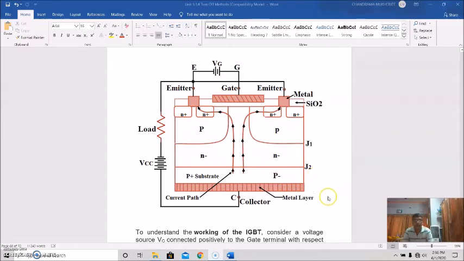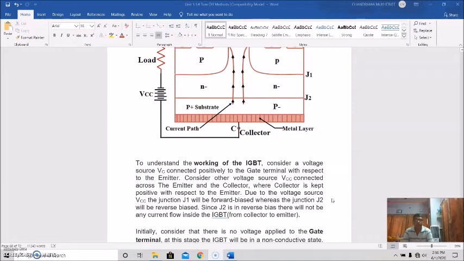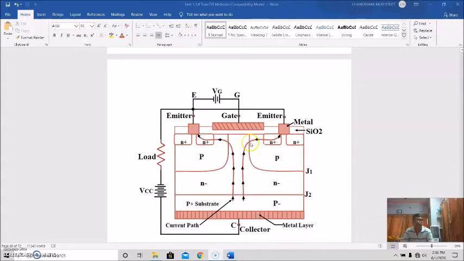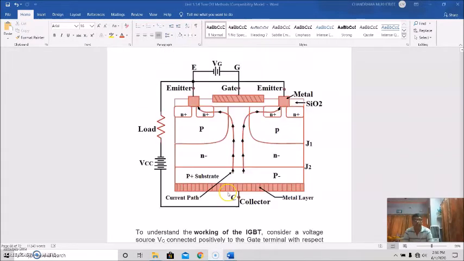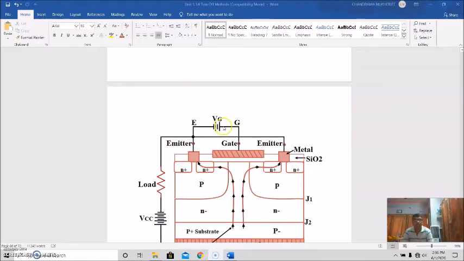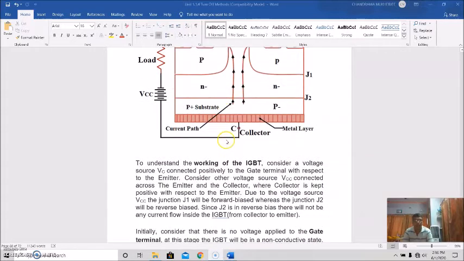Now, to understand the working of IGBT, consider a voltage source VG connected positively to the gate terminal with respect to the emitter, with the emitter connected to the negative terminal.